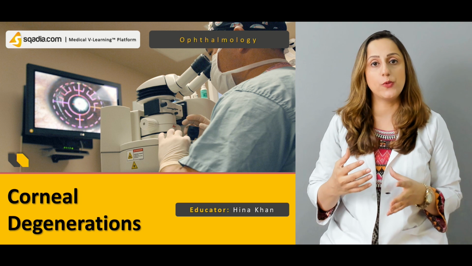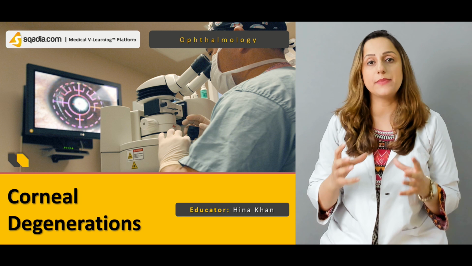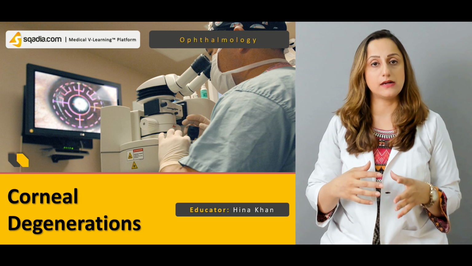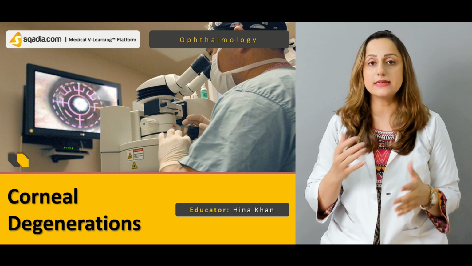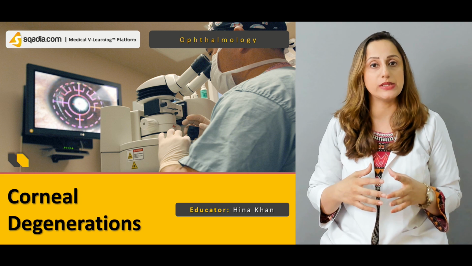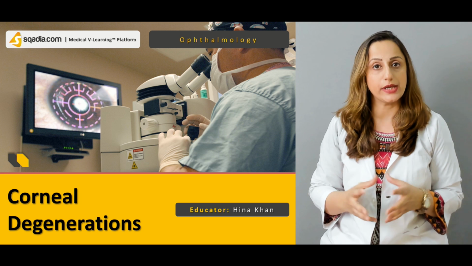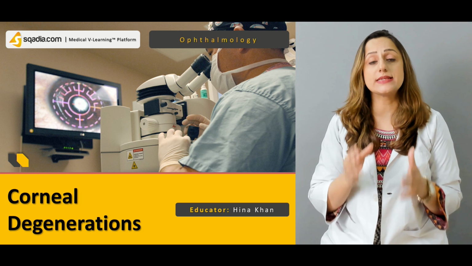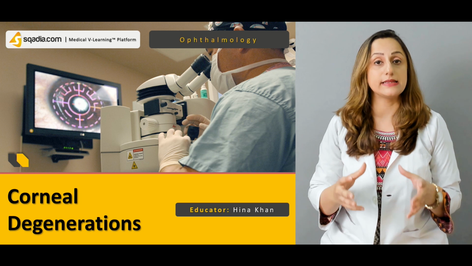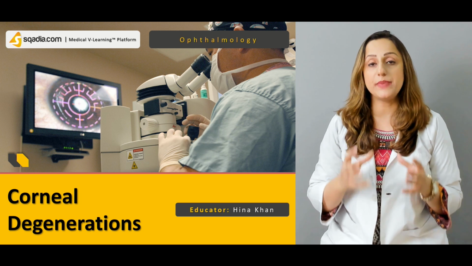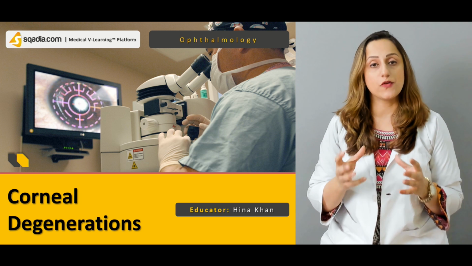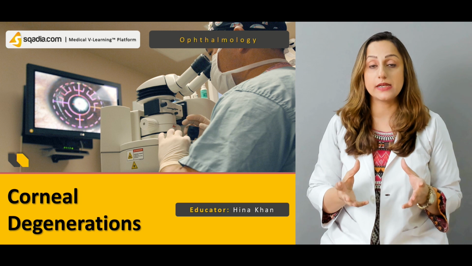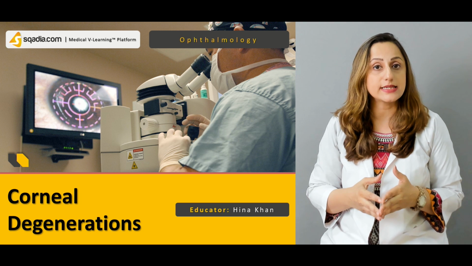Then we have the Bowman's membrane, which becomes continuous with the stromal layer of the cornea. Finally, this stromal layer rests upon Descemet's layer, the major basic protective membrane of the cornea. So any of these layers can be involved in all of these degenerative processes that we are going to talk about today.